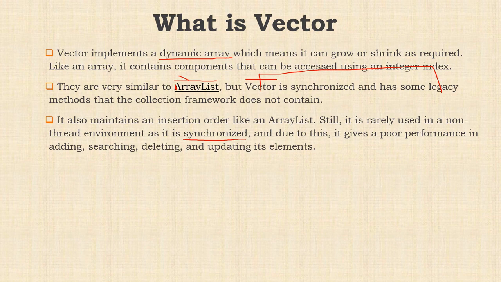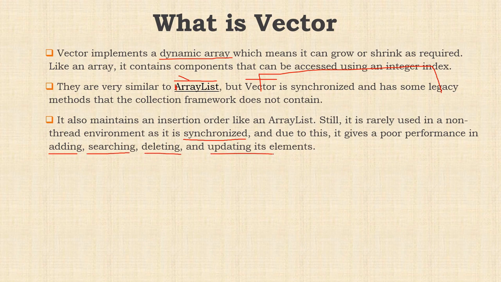So always try to use a non-synchronized data structure. It gives poor performance in adding, searching, deleting and updating its elements, because it is synchronized. Performance-wise it is also slow, because only one thread can access it at a time.